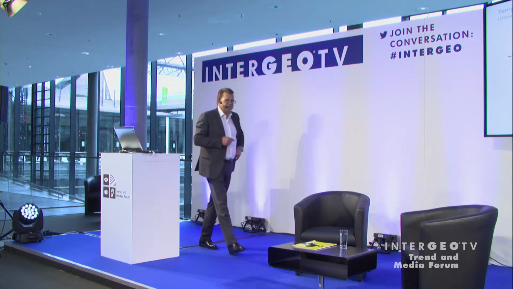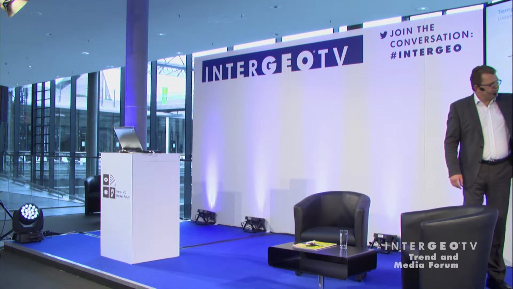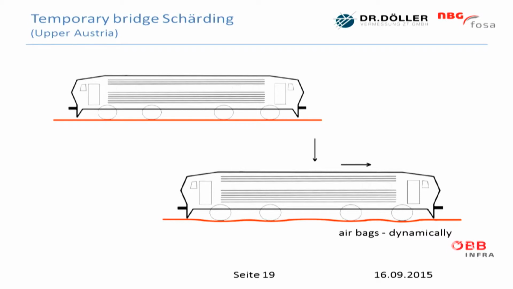I give you one thing which is very, very new with our technique. What is the difference to our standard techniques? If you look at a train, at the typical behavior of a train with a bad construction surface, there you have some airbags which move under the full weight of the train, but normally, in the geodetic way, we can measure it just when the train has passed.